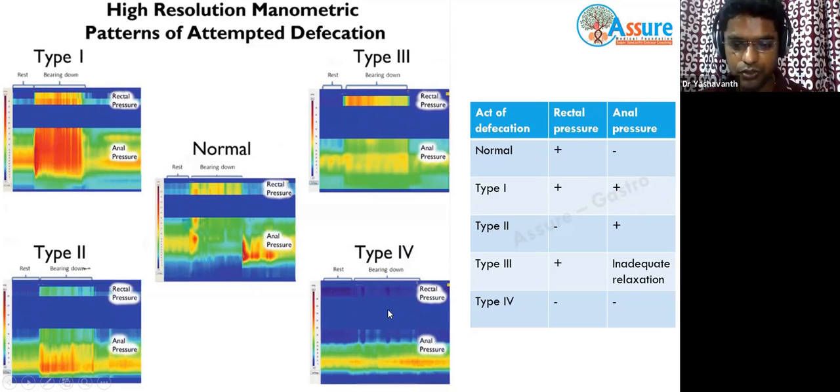In type 4, there won't be any changes in the rectal pressure or anal pressure, usually occurring in cases of some neuropathies. So type 1, remember, both increase; type 2, anal pressure increases; type 3, there is inadequate relaxation; type 4, there is no change. Don't confuse, just remember this table.